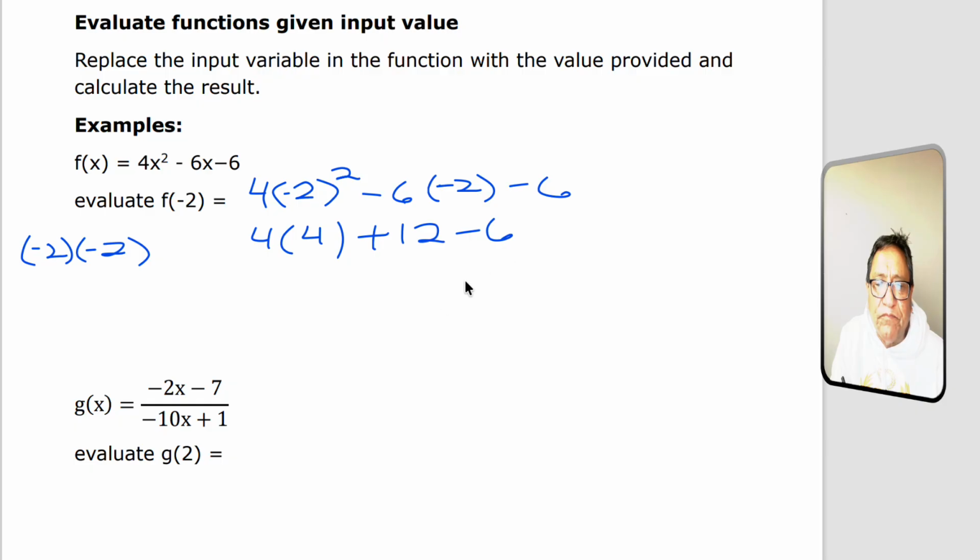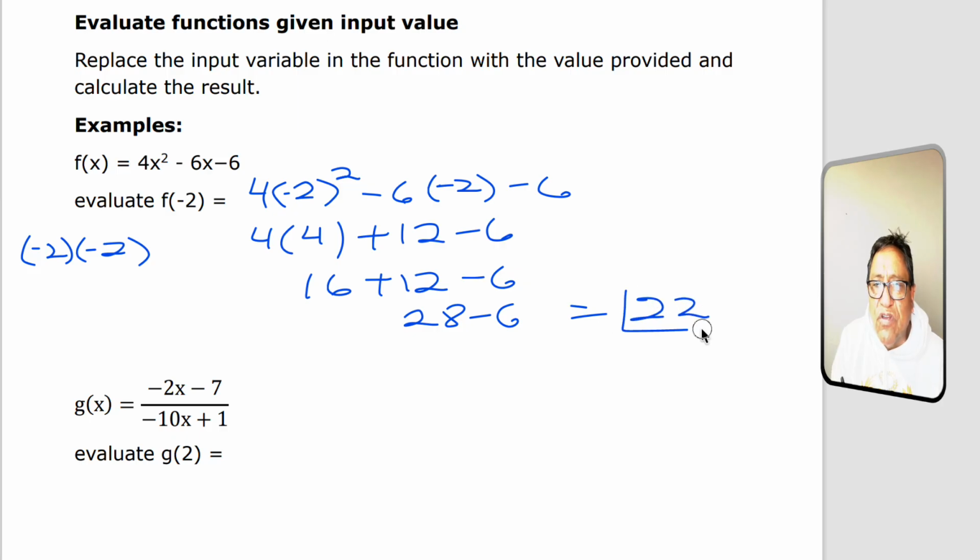So 4 times 4 will be 16 plus 12 minus 6. Again, from left to right: 16 plus 12 will be 28, minus 6, which will be equal to 22. That will be the solution of this function when x is negative 2.